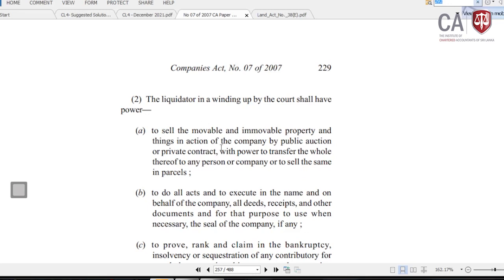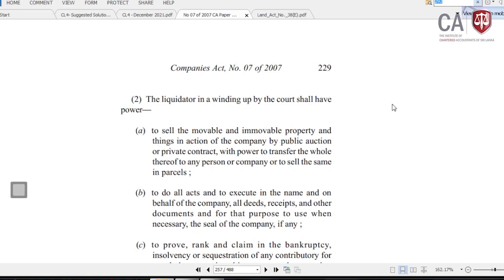This is one of the main powers, because the main duty of a liquidator is basically to sell all the assets of the company, and from the proceeds that you receive to settle all the liabilities. To do all acts and execute in the name and on behalf of the company all deeds, receipts and other documents, and for that purpose to use when necessary the seal of the company.